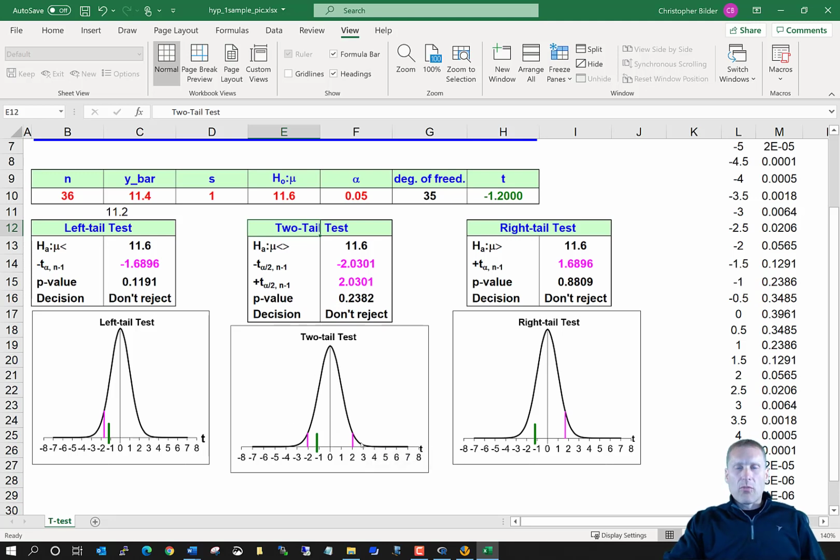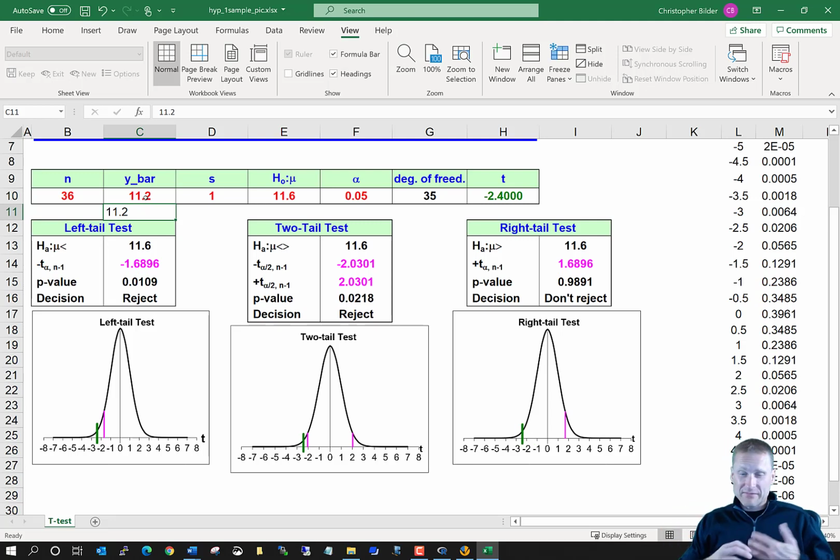We'll talk about the other portions of this Excel file later as we go along. But the key is that as I change the sample mean, everything else updates in the plot and in the spreadsheet, and we can see how, as I go further from the hypothesized value of 11.6, I'm getting more and more evidence to say, yeah, there's something going wrong with our manufacturing. The mean is not 11.6.